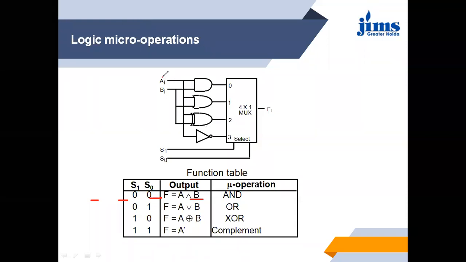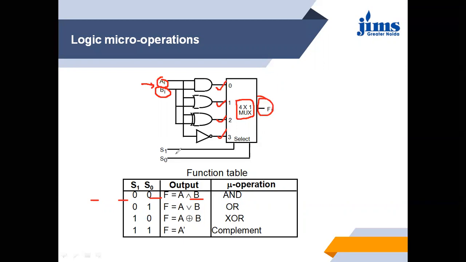This is input A, this is input B. So we have two inputs A and B. This is a 4:1 multiplexer. A 4:1 multiplexer means there will be four input lines and one output line.